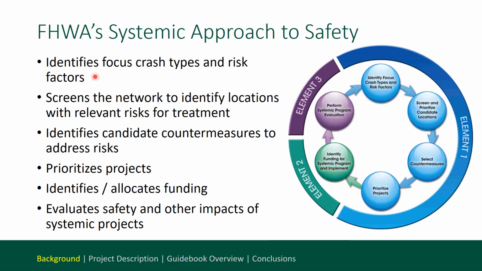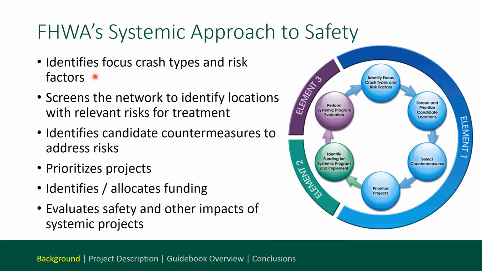And then you prioritize projects, and you say, okay, I'm going to pick maybe 10 of these locations or 15 of those locations. And then you allocate the funding. You find funding somehow through grant programs or whatever, and then you allocate whatever funding you have available.